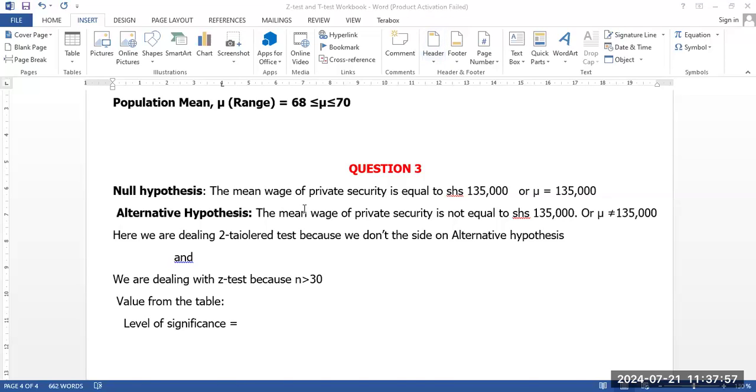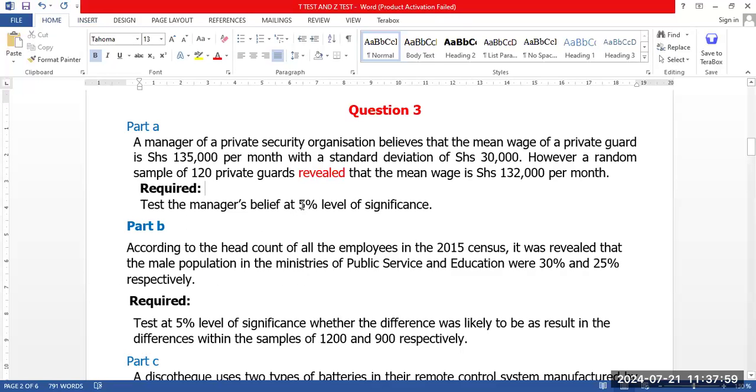Here the percentage was 5%. The lower percentage is always the level of significance. The higher percentage is the confidence level, here 95%. Confidence level is the level of accuracy, and level of significance is the percentage error.